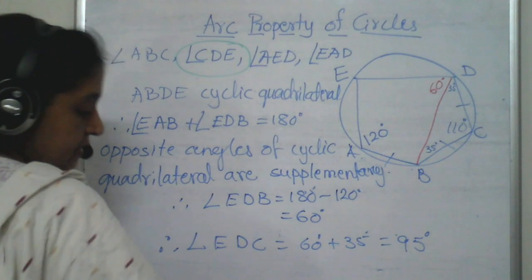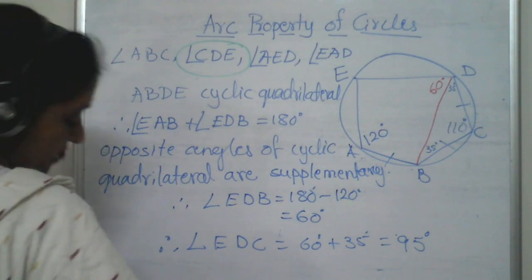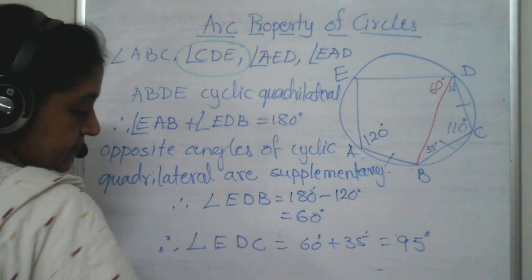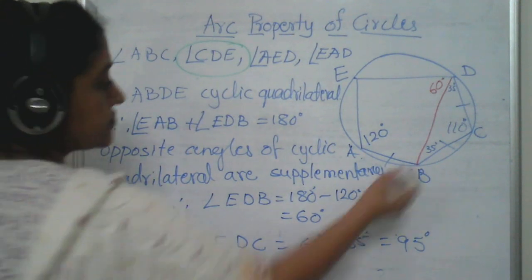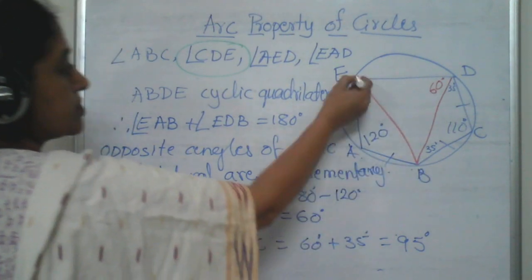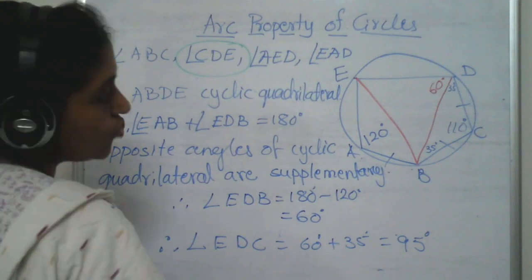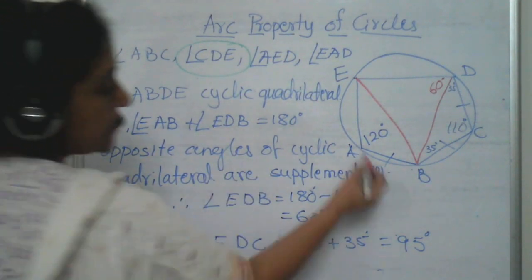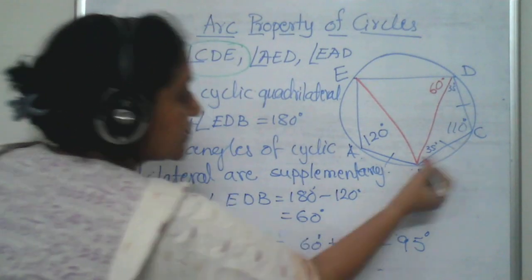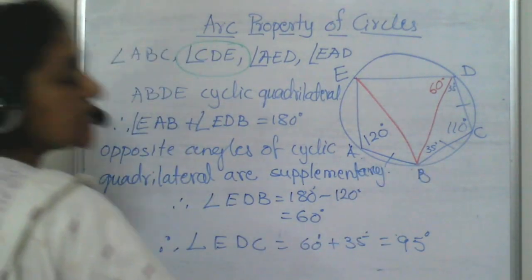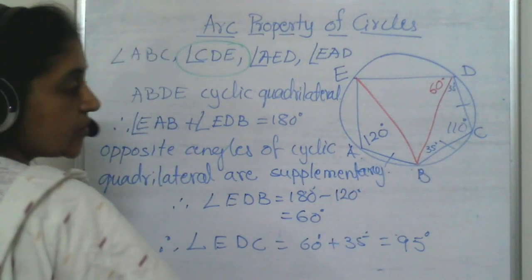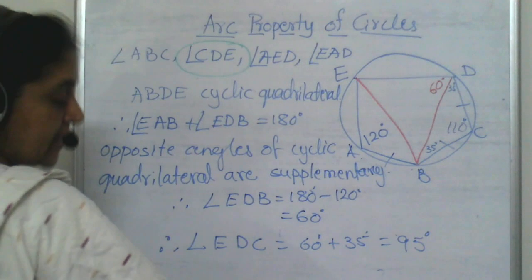Okay. Here, if you join over here this, you may say, ma'am, what can happen? See, AB and BC are equal chords. Equal chords subtend equal angles.